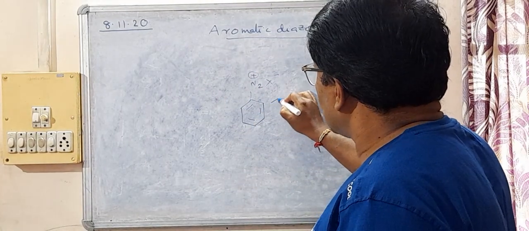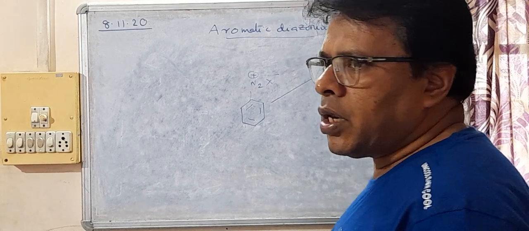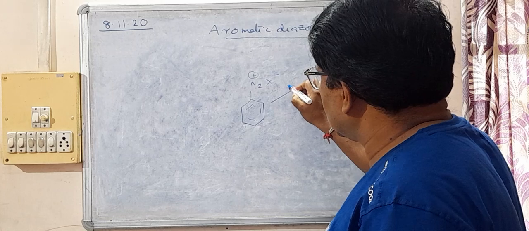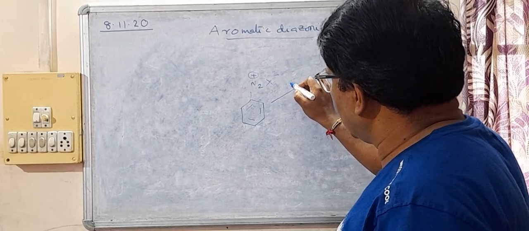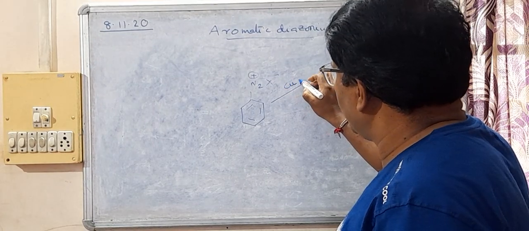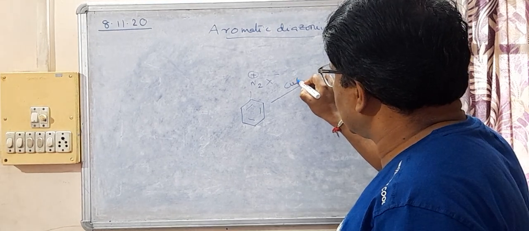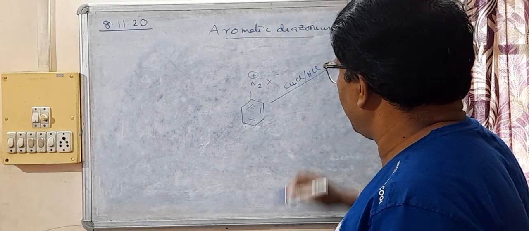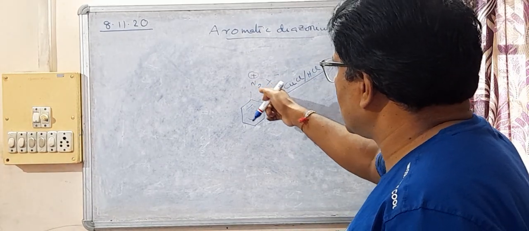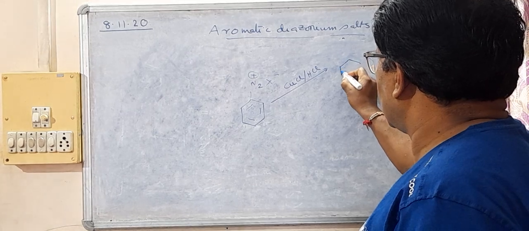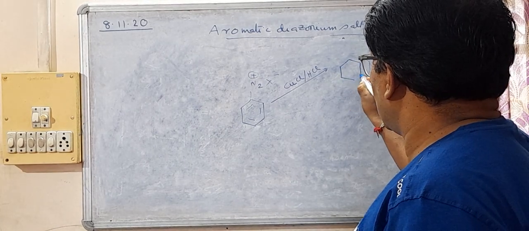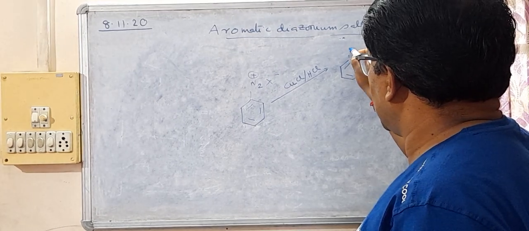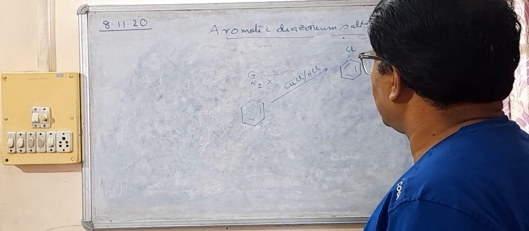So one reaction is the Sandmeyer reaction. If the aromatic diazonium salt is treated with CuCl in presence of HCl, then this diazo group gets replaced by chlorine.